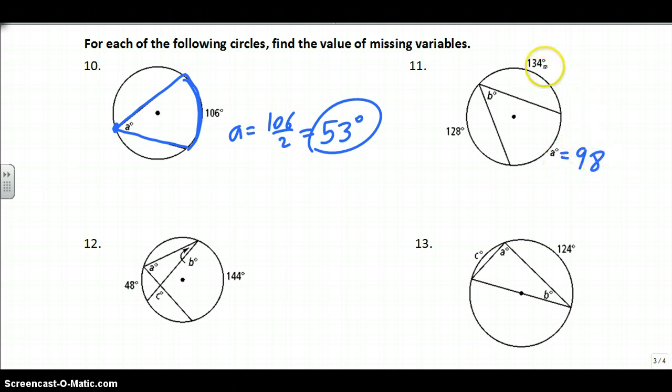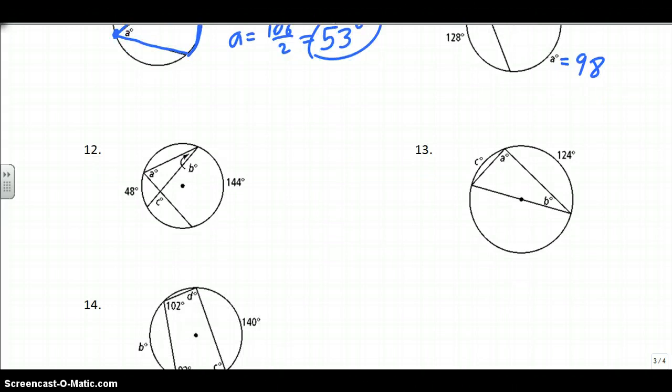You can check it: all three of these have to add up to 360. Then 98 divided by 2 gives B, which is 49, because it's half the arc that it makes. If it helps you to trace these things out like I'm doing, go for it. I know you don't have the colored pens available to you, but anything helps.